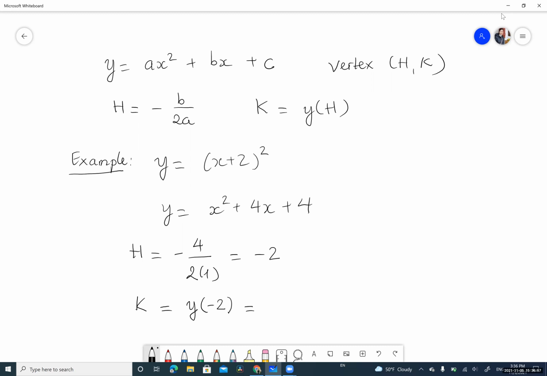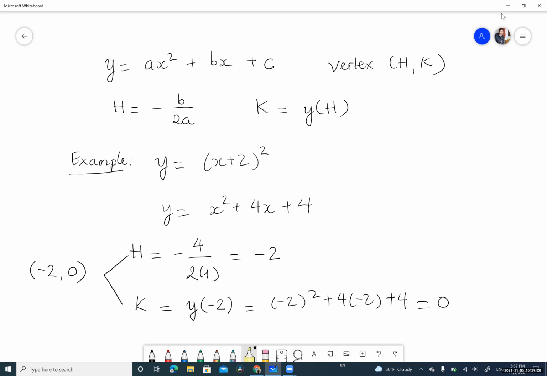So I substitute negative 2 for the x in the function: negative 2 squared plus 4 times negative 2 plus 4. Negative 2 squared is 4, plus 4 is 8, and subtract 8, so it's 0. From those two, the vertex coordinate is negative 2 and 0.